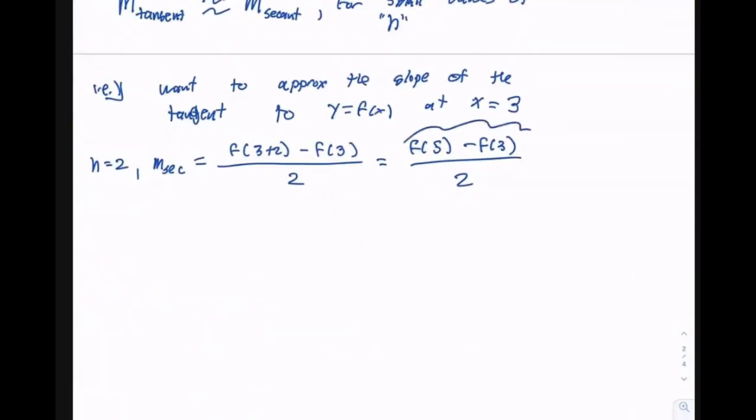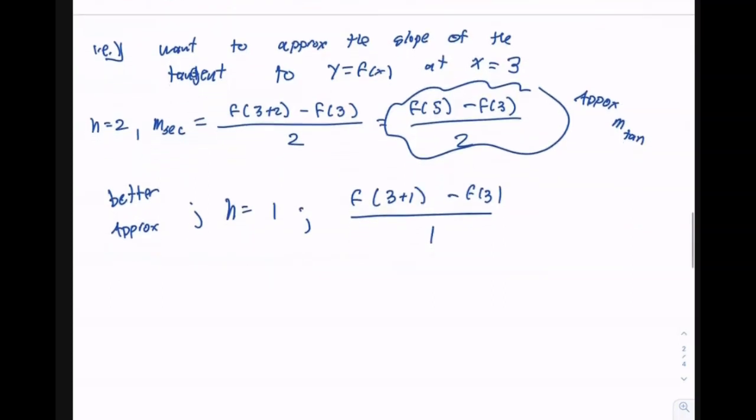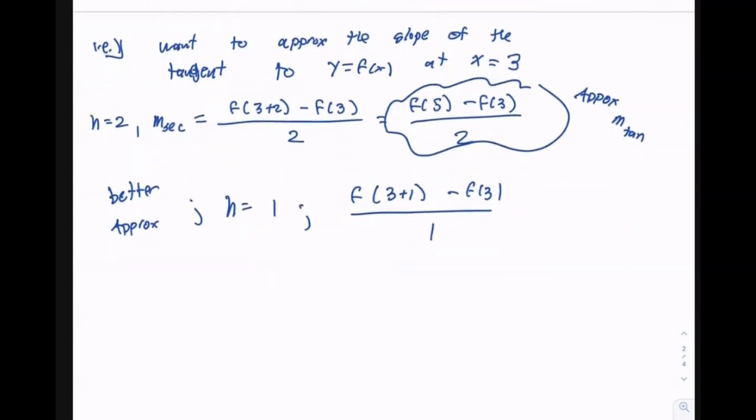Now, this value approximates the slope of the tangent. Well, if I want a better approximation, I can use h equals 1, right? And when h equals 1, I would get f of 3 plus 1 minus f of 3 all over 1. And that would give me a better approximation. Even better.